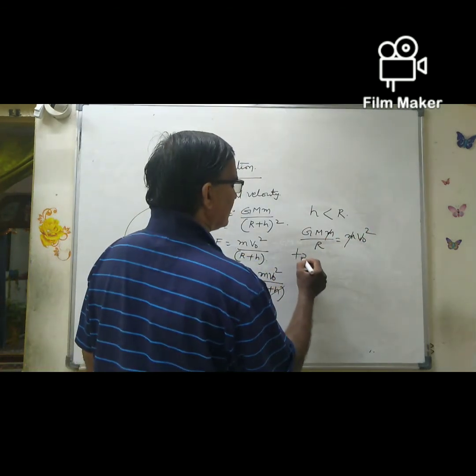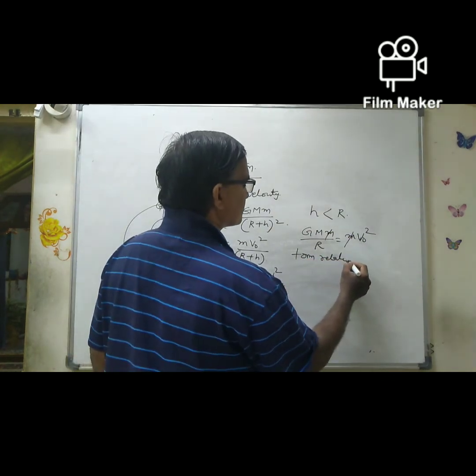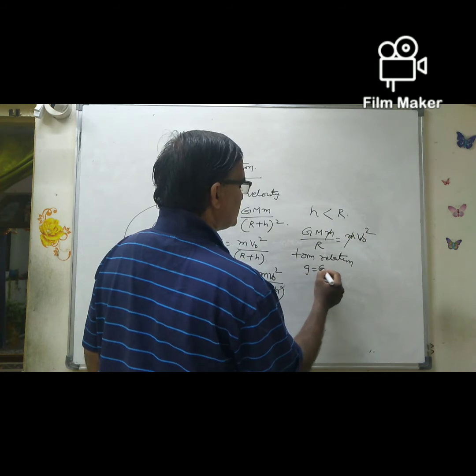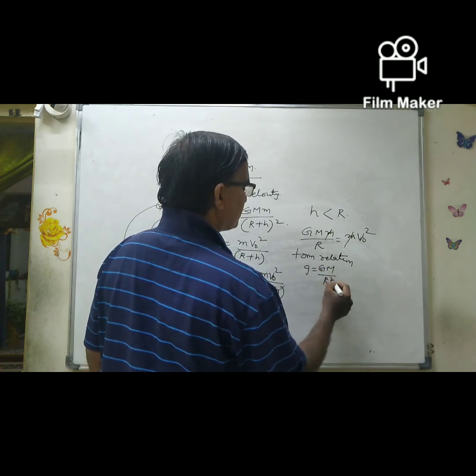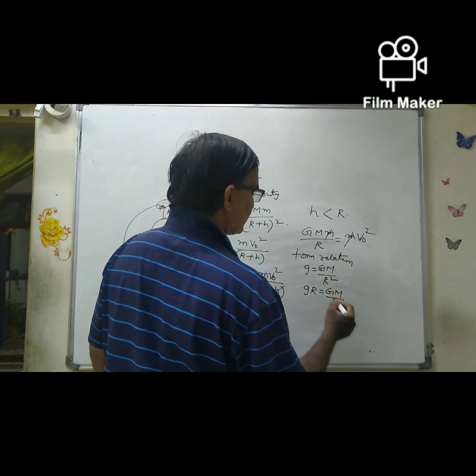Now from the relation g is equal to GM by R square, gR is equal to GM by R.